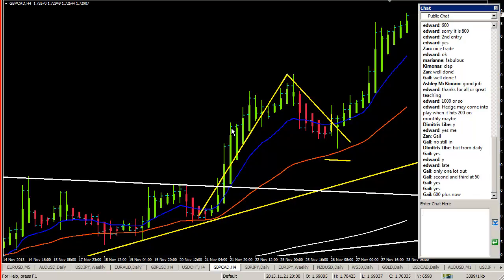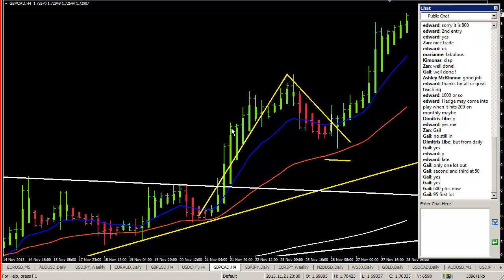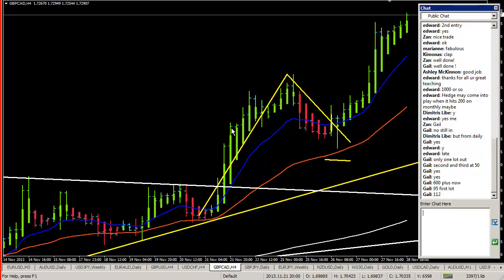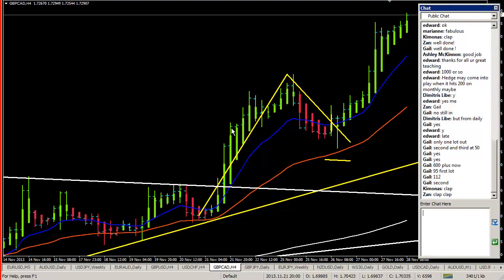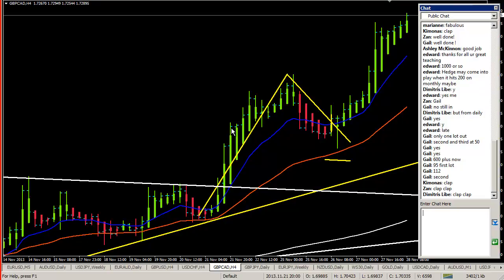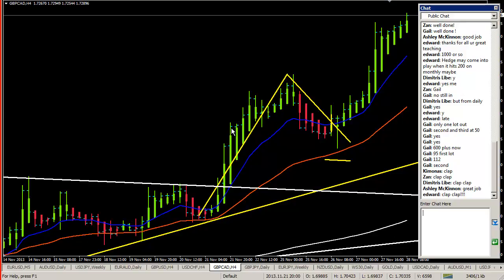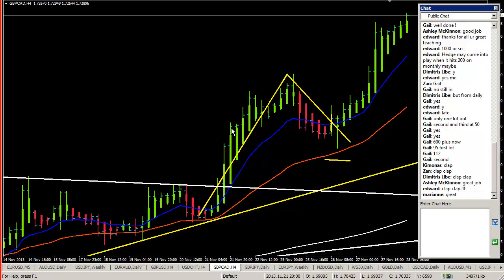Yesterday it was up, but it moved already overnight. 600 plus pips now. Okay, so everybody please, for Gail, we do the wave. Well done. We have really good, great trades going on here. Well done.